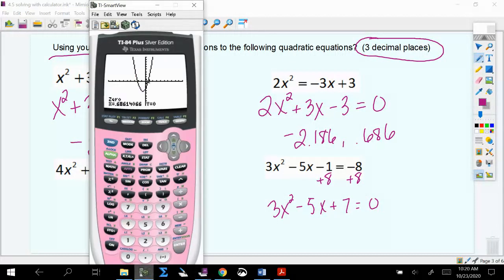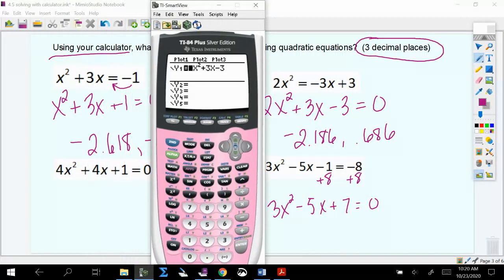The next one was already in standard form. So I'm going to go to y equals. I'm going to type in 4x squared plus 4x plus 1. Graph it. This one, it looks like it just touches the x-axis. So for this one, I'm going to go to second, trace, 0.